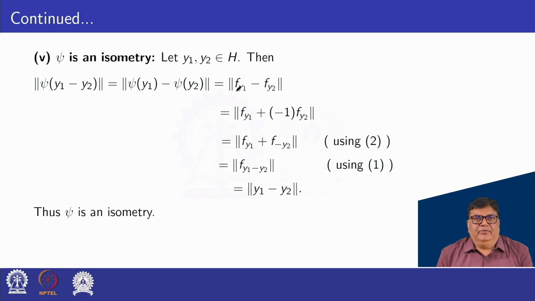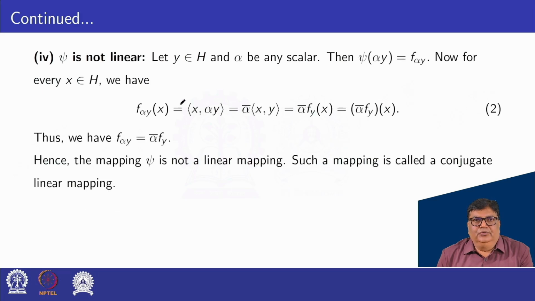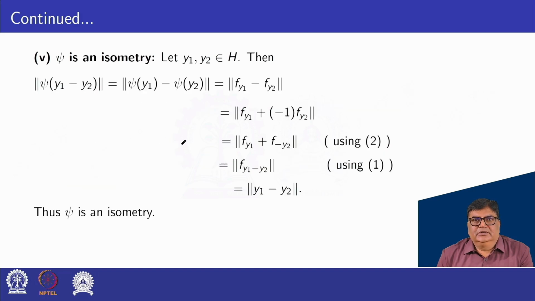So psi(y1 − y2) can be written as psi of y1 minus psi of y2. That is the norm of f_{y1} minus f_{y2}. And this can be written as the norm of f_{y1} plus (−1) f_{y2}, using equation 2. This is f_{y1} plus f_{−y2}.